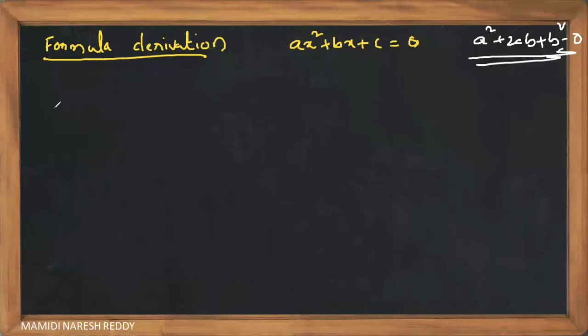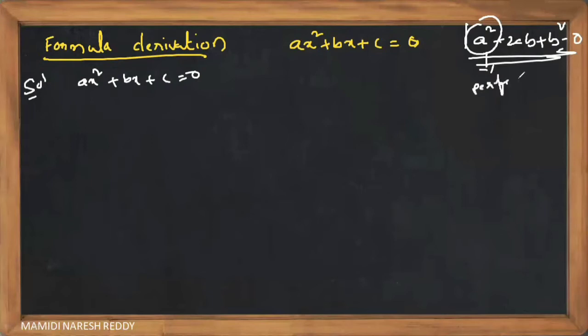Right, children. Now see, ax square plus bx plus c is equal to 0. Got it, children? Now, to make it in this form, first see the first term here. What is the first term? This is a square, nothing but a perfect square.